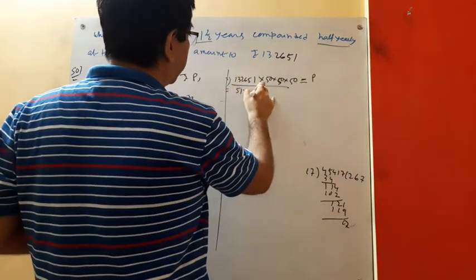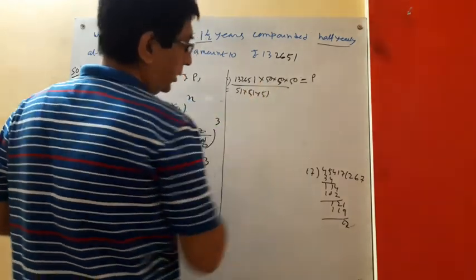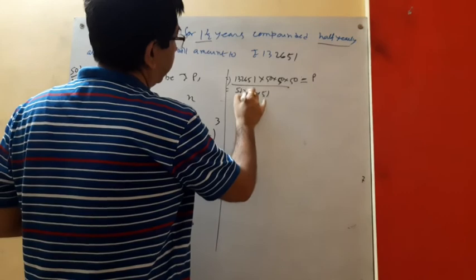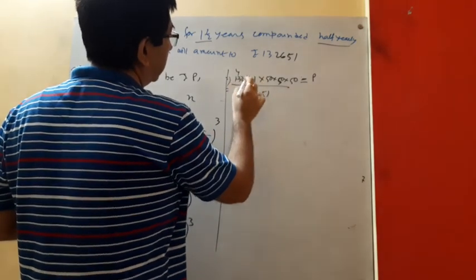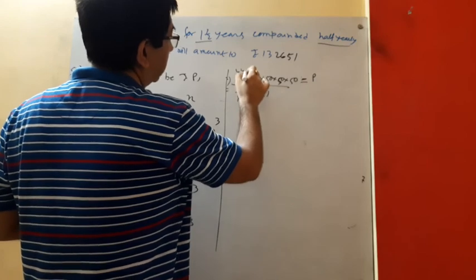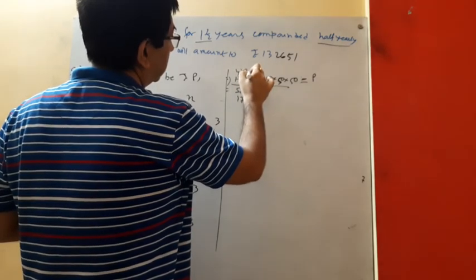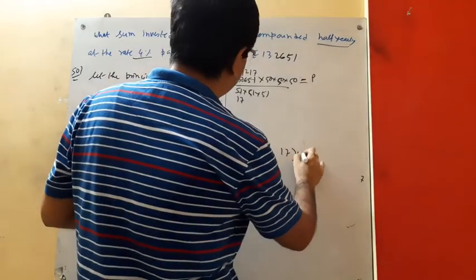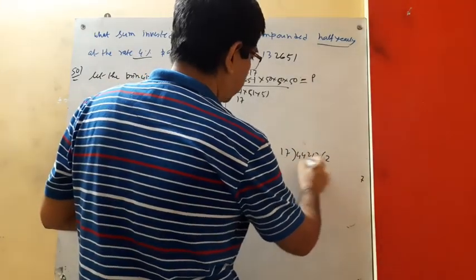Now you go for this one, 17. Right? Now you calculate for 17.